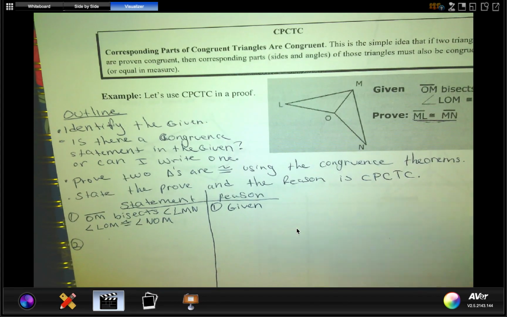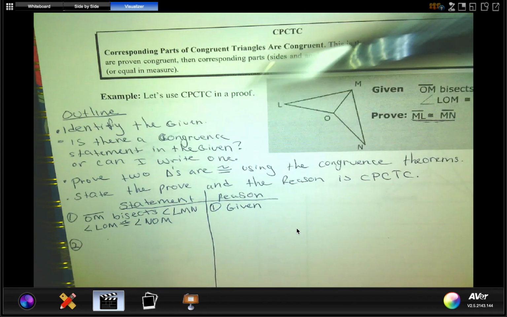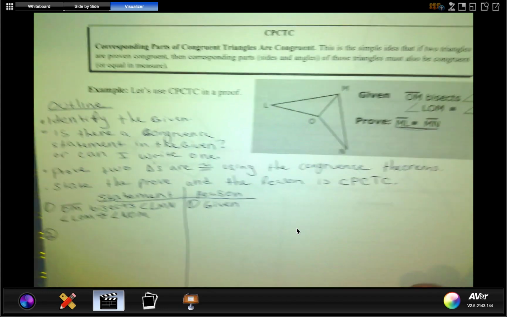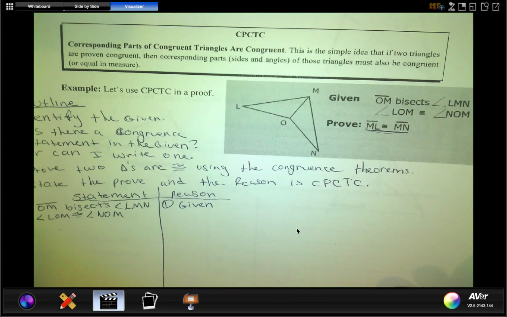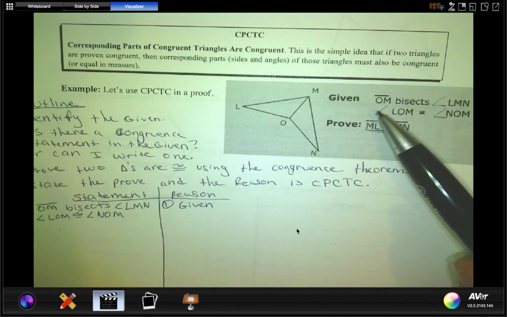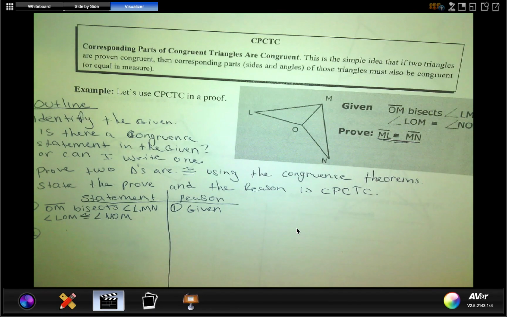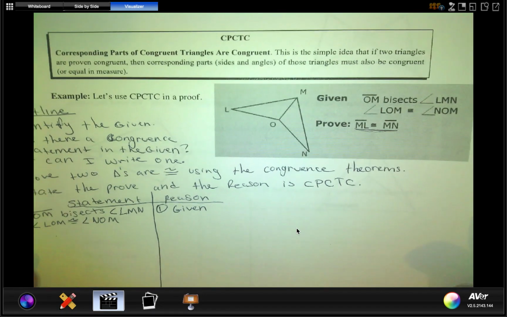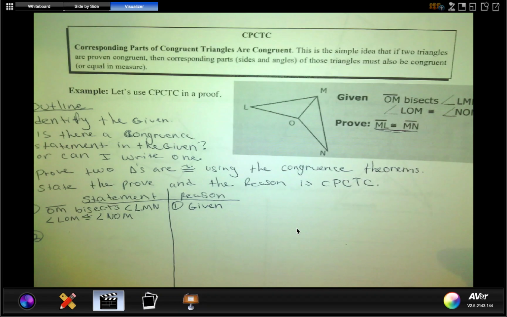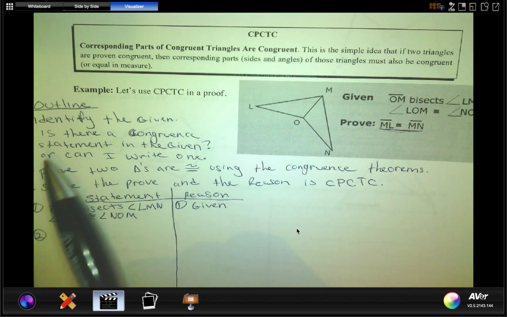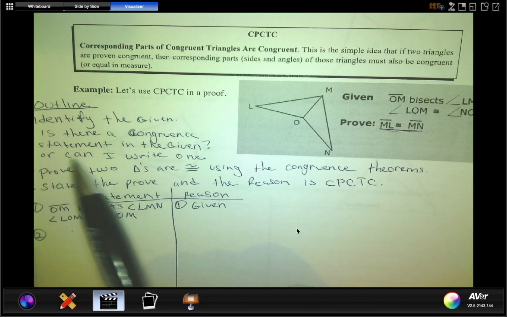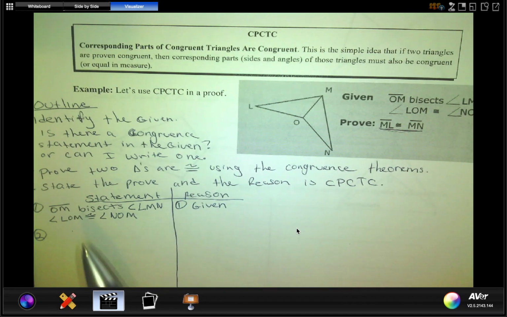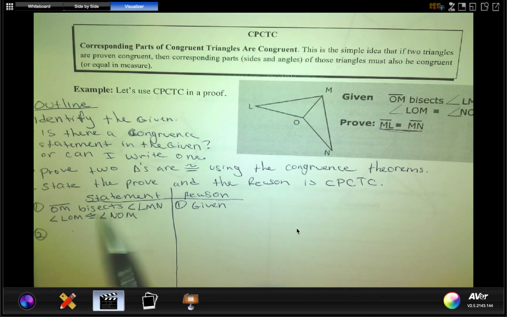Okay, so let's go through here. Identify the given. I have identified it. And here it is. Okay, there's my given. Now the next thing is, is there a congruence statement or can I write one? Well, I see a congruence statement here.